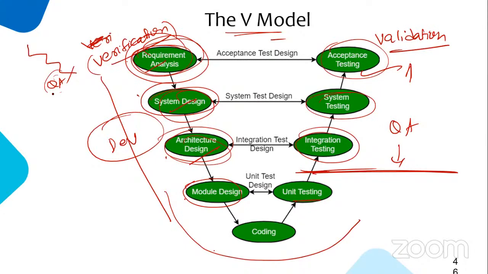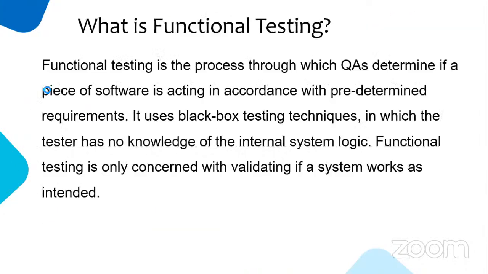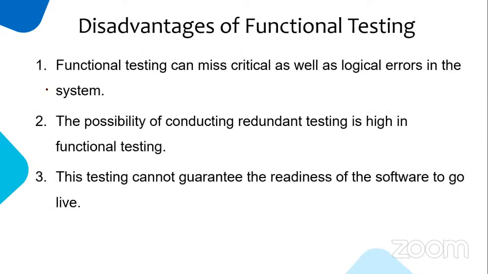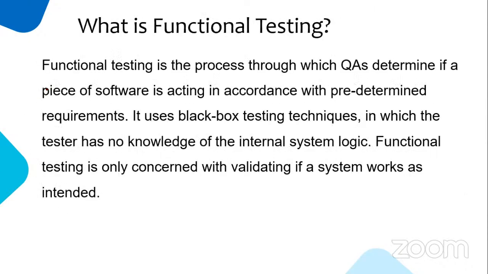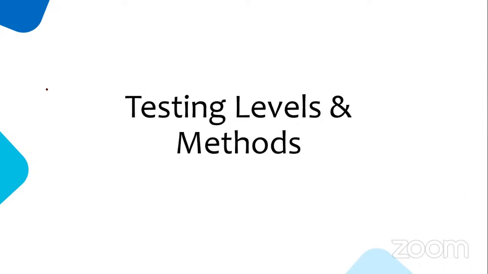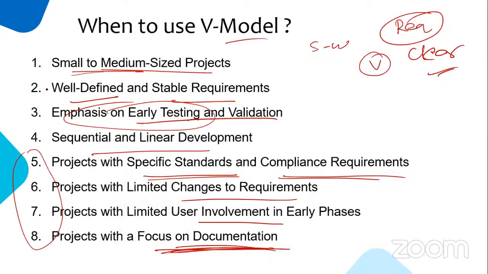So now all 4 are done. This one, the levels of testing, will go to the next class. As I said at the start itself, today we are going to focus on all 4 types, and totally 5 with agile.